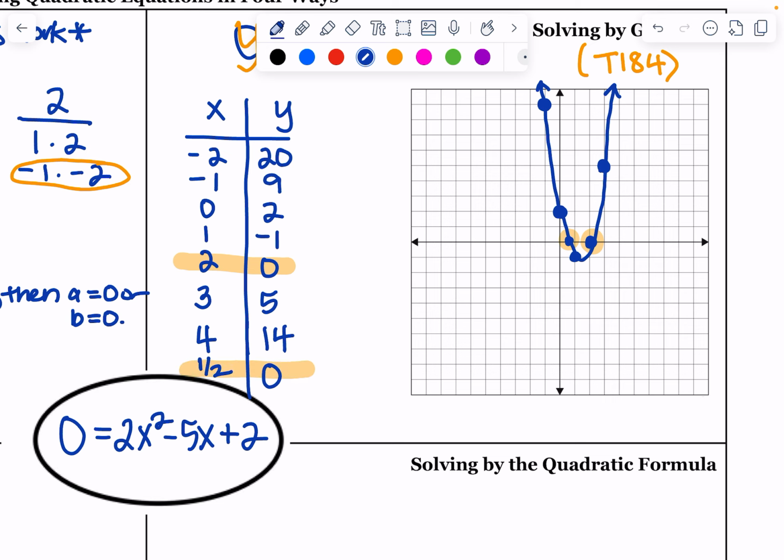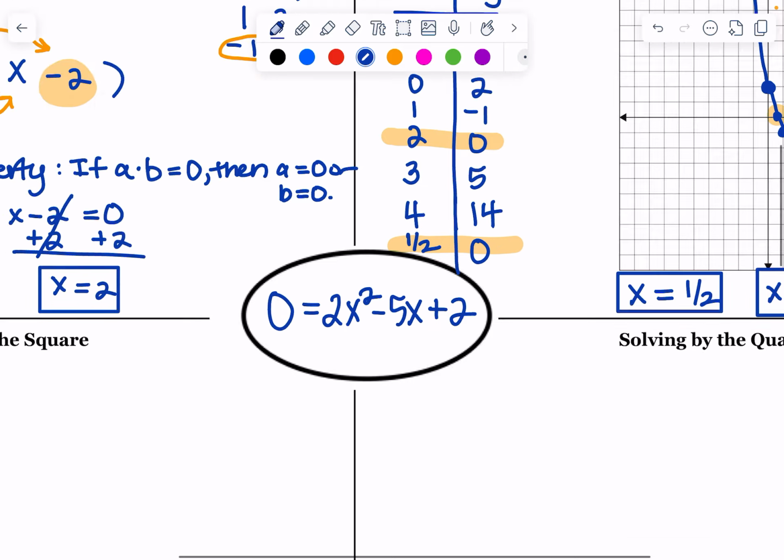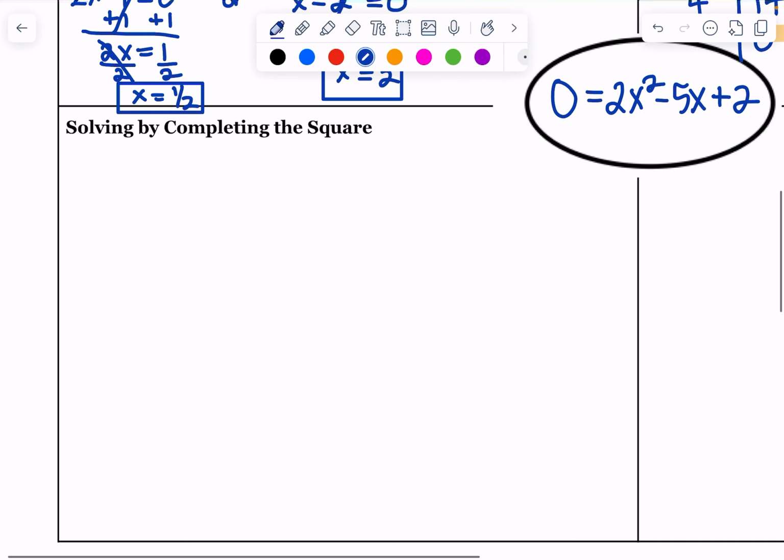Okay, so from graphing, we get the same two solutions: x equals 1/2 or x equals 2. It wasn't as pretty as the equation that we did in part 1, because that 1/2 makes it a little off-centered. Okay, we're going to go on to completing the square.